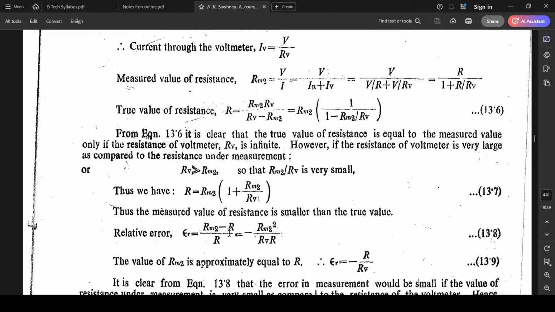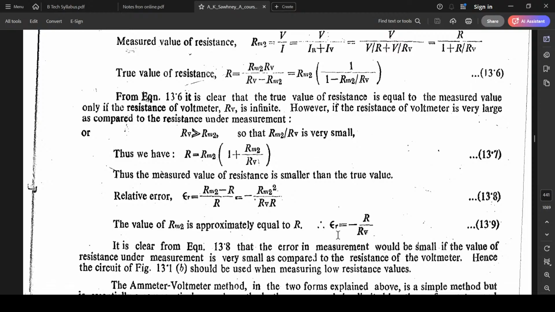Okay. There's the measured value of the resistance. R measured square by RRV.